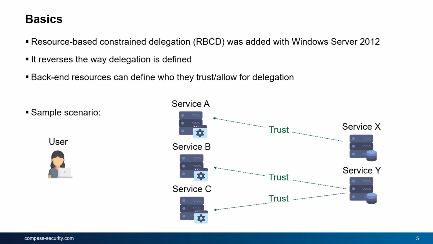Service A had delegation rights configured for various backend services, and the same for B and C. And now the delegation rights are granted and configured on the backend resources. So when a user connects to service A, this service, because it is trusted by service X, might delegate this user or the user rights towards this service, but not the other services.